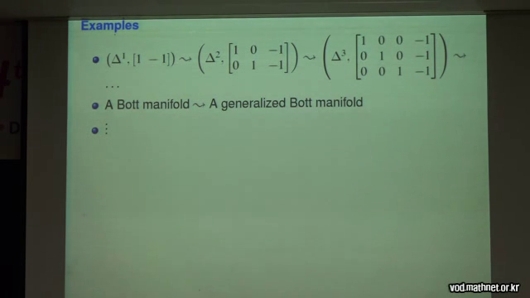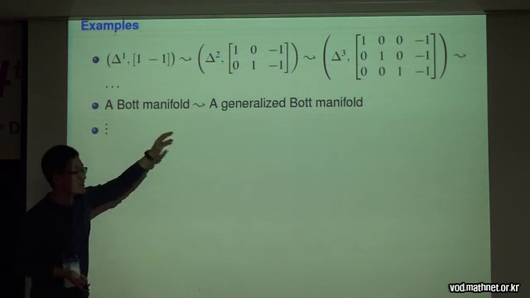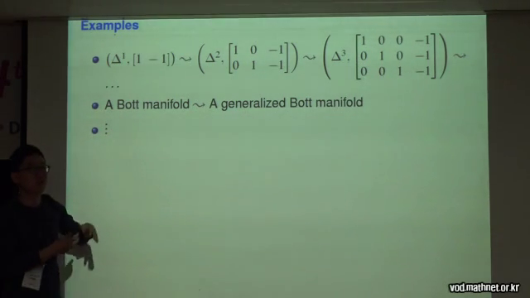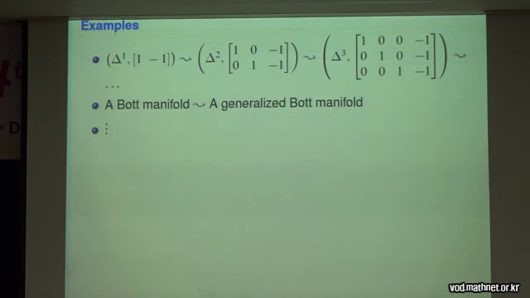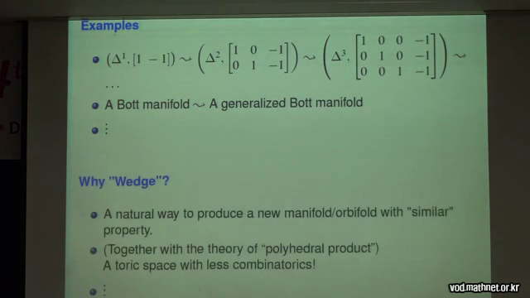Okay. And if you take a wedge of Bott manifold, then it gives you generalized Bott manifold, and then you can produce many other new toric manifolds from the original one. And why do people consider wedge? Some people use this wedge to classify some topological space, but this wedge is another way to produce a new toric manifold or orbifold with similar property.